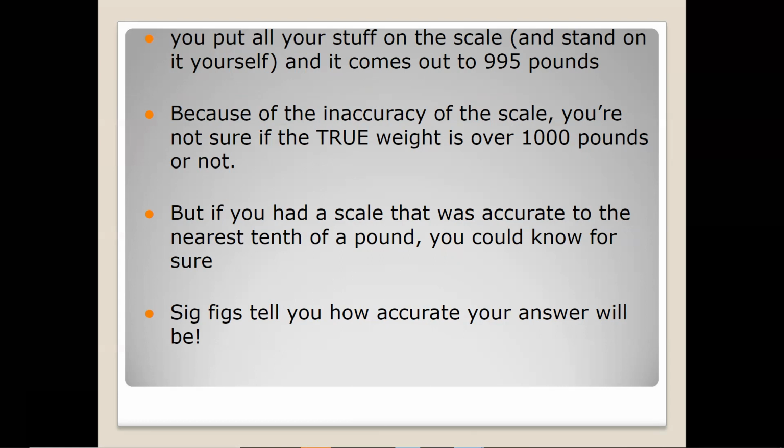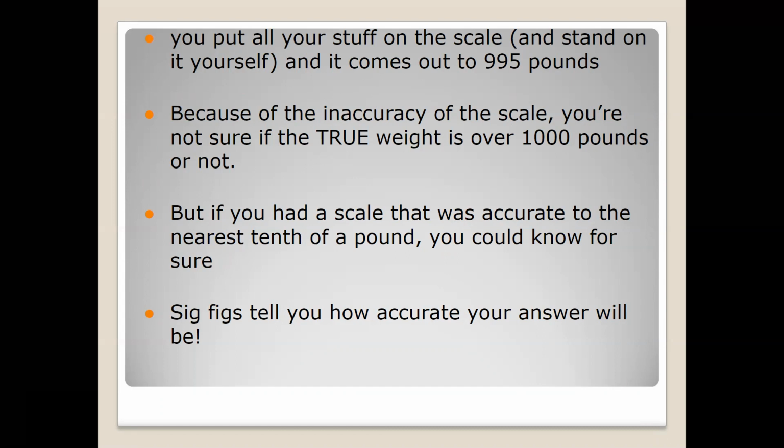But if you had a really accurate scale that, let's say, could tell you that your stuff weighed 995.07 pounds, you would know for a fact, because that scale is more accurate, that you could safely put all of your stuff and get in the elevator and you would be below its max capacity.